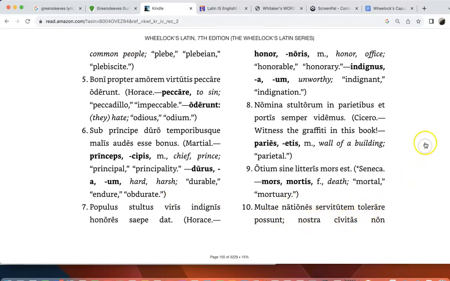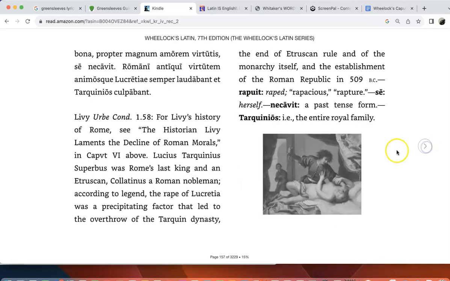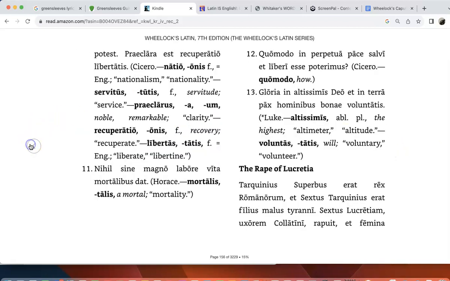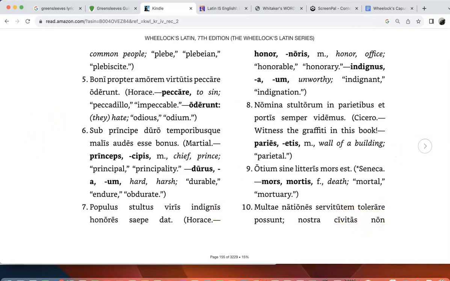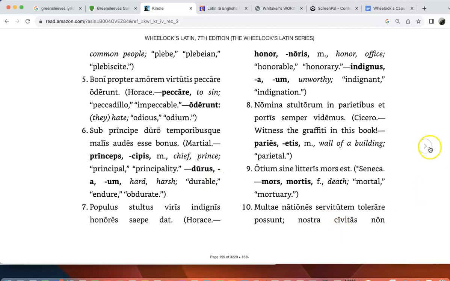Our state, so civitas, I think in this case is our state, in other words, the Roman state. Our state non potest. Our state is not able. In other words, our state is not able to tolerate servitude.